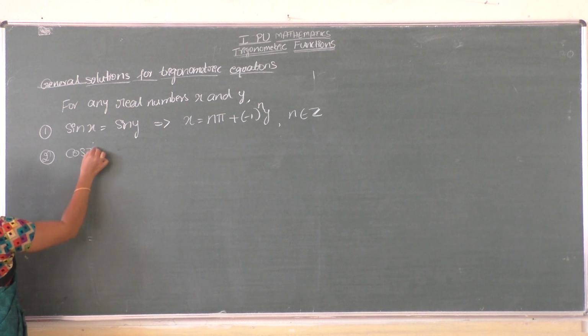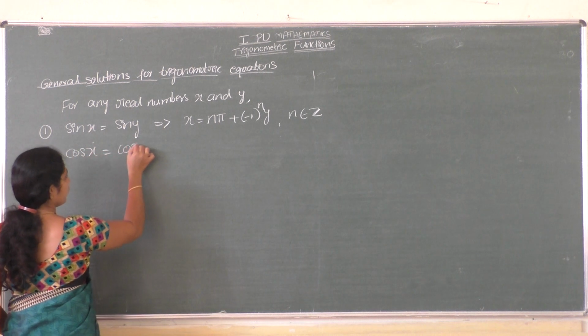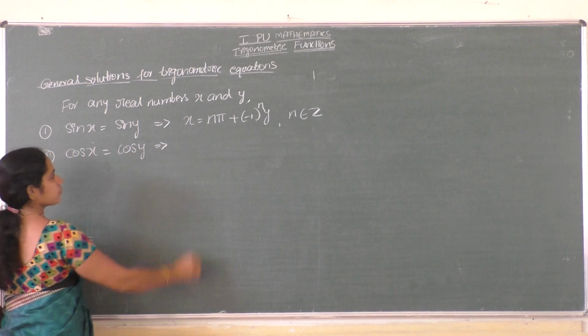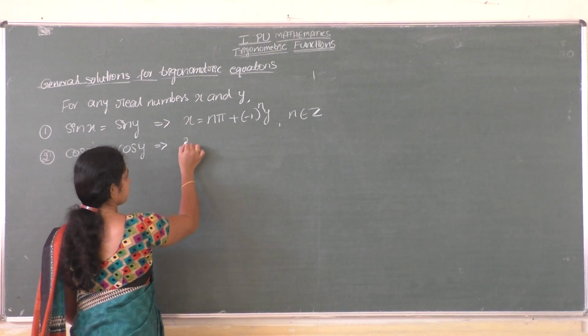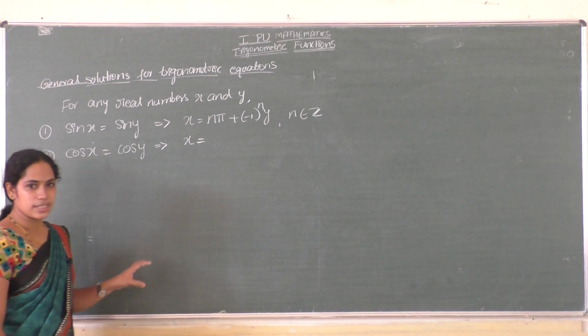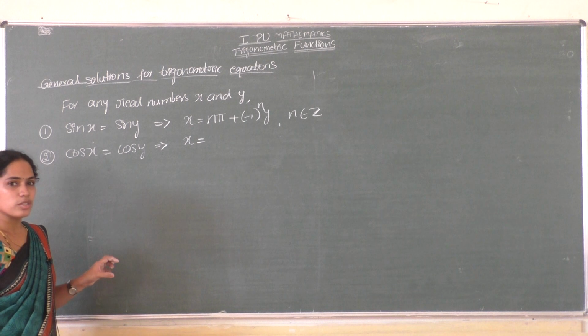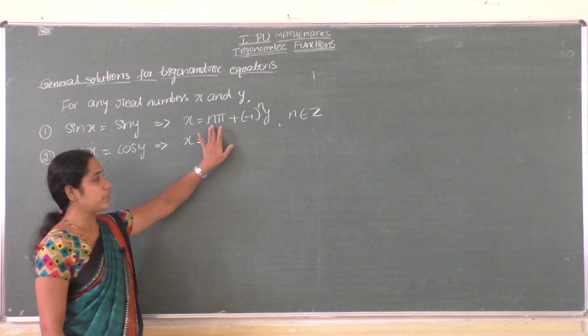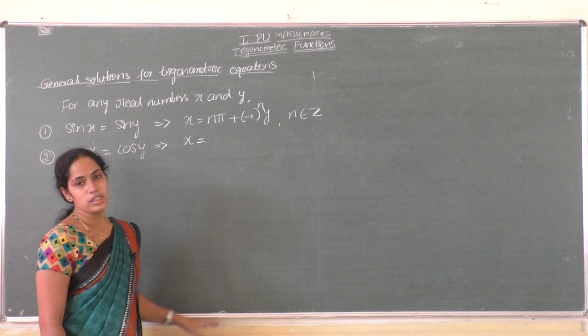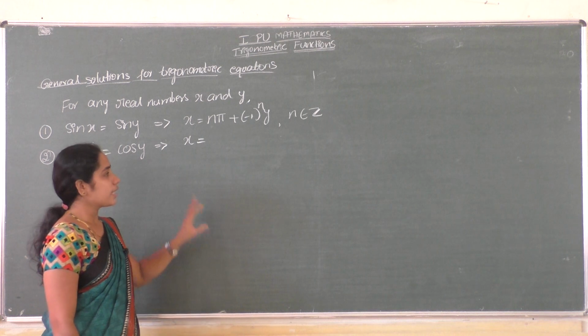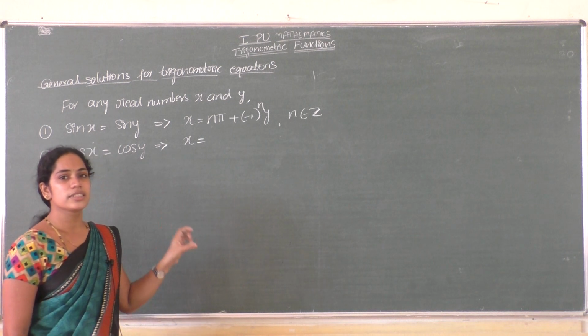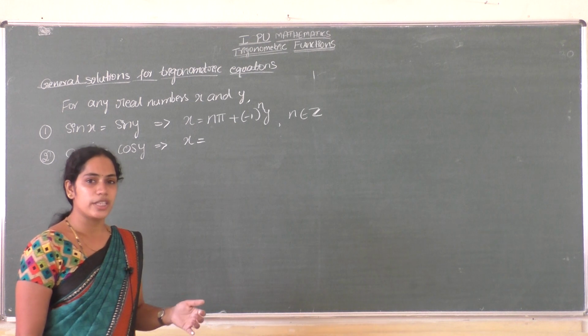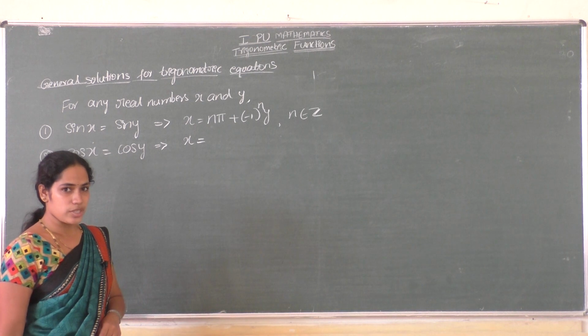Second one, cos x equal to cos y. This implies, this is the general solution. A solution involving the term n is called the general solution. That gives all the solutions for the particular trigonometric equation.